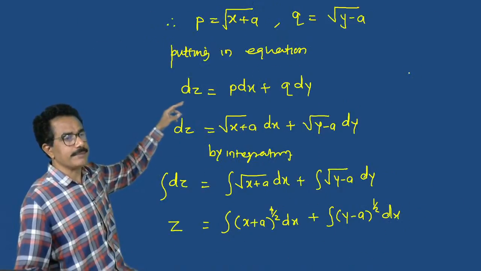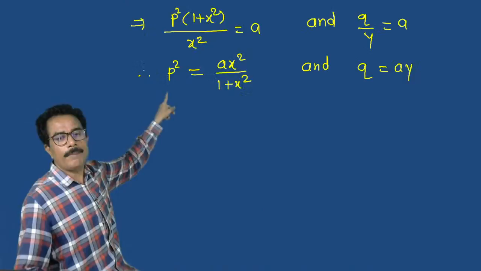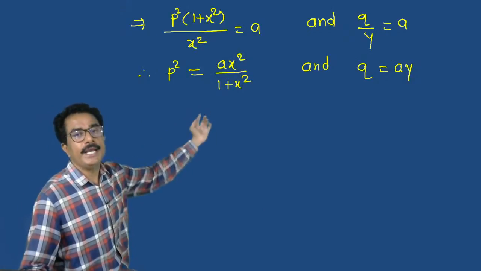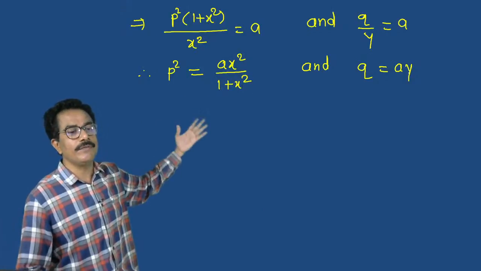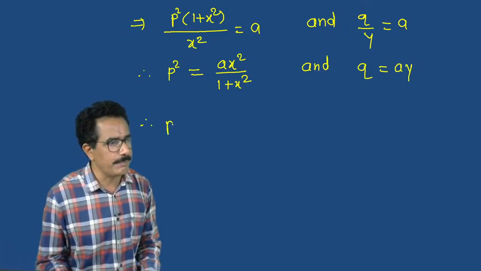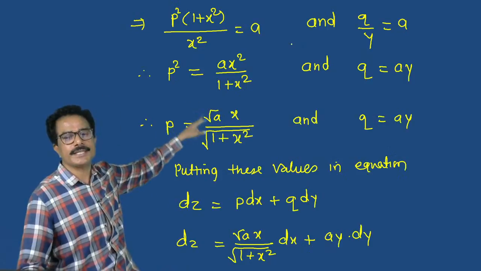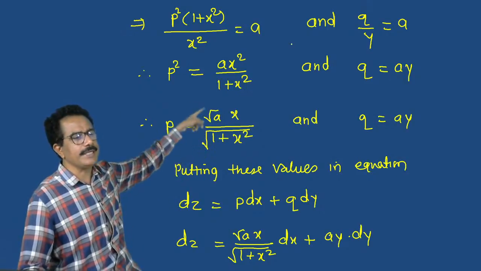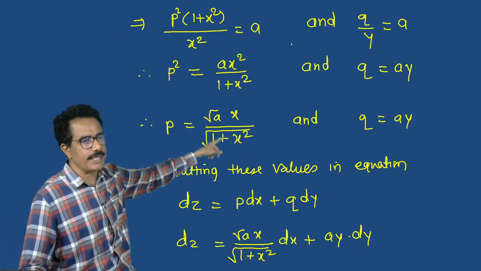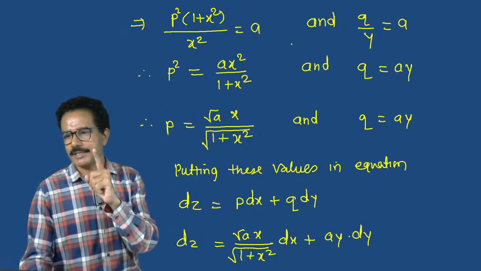So check this. We can write p equals root a; if we take the square root here, square root of a, x square is x, and the denominator square is root of 1 plus x square.